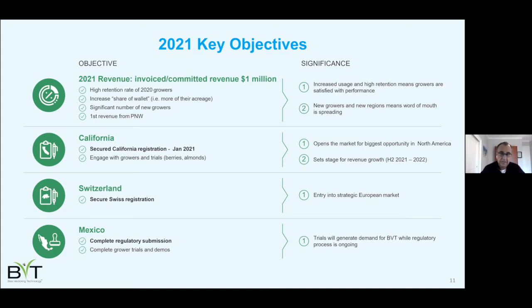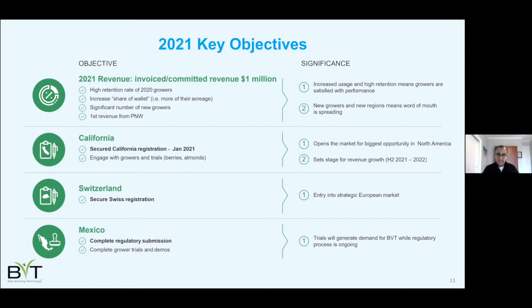The objective for 2021 was to secure the regulatory approval in California, which we have already announced. We actually got that just before Christmas, fully registered and licensed as of January 1st in California. So that's great news because it is, as you'll learn, the biggest opportunity for us, certainly in North America.